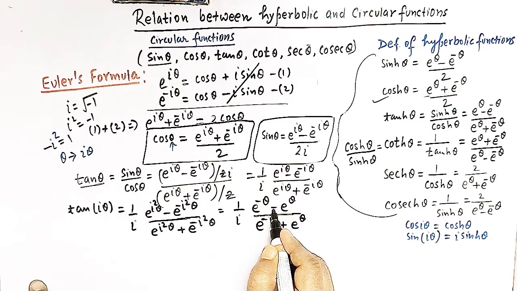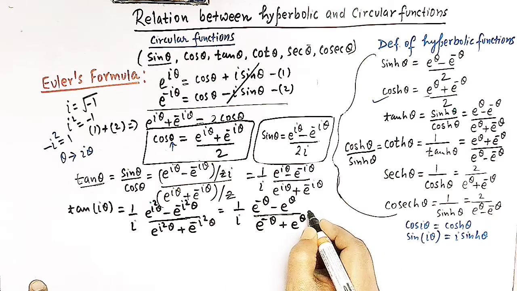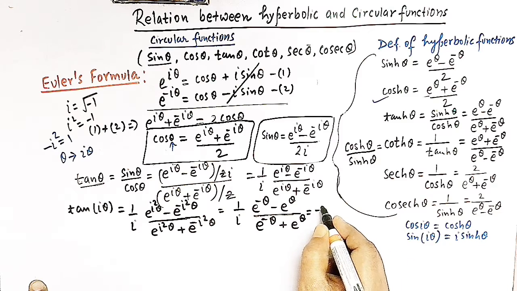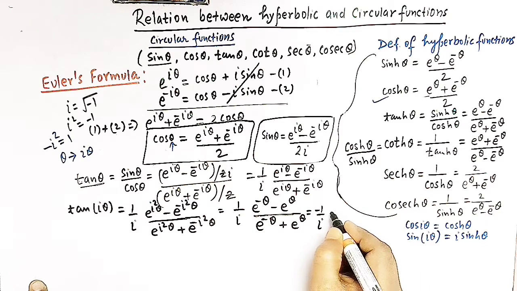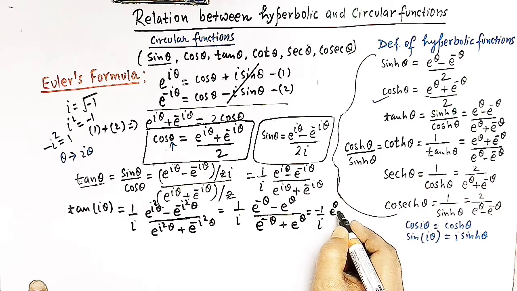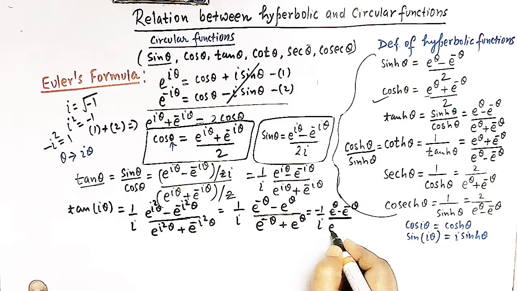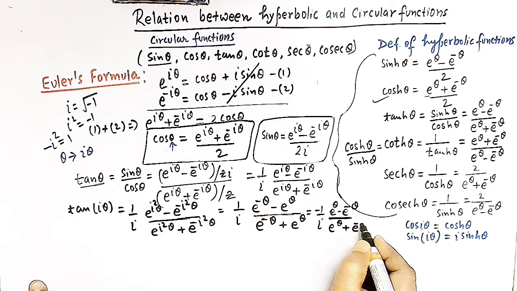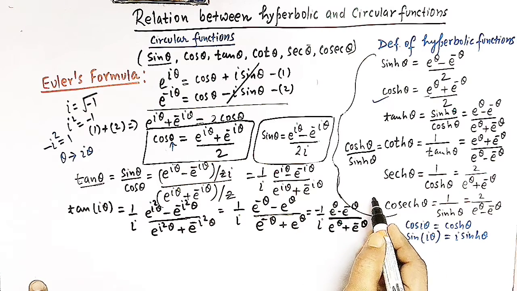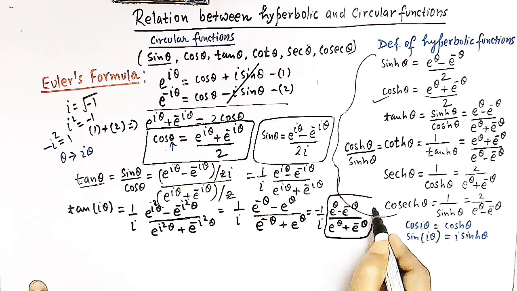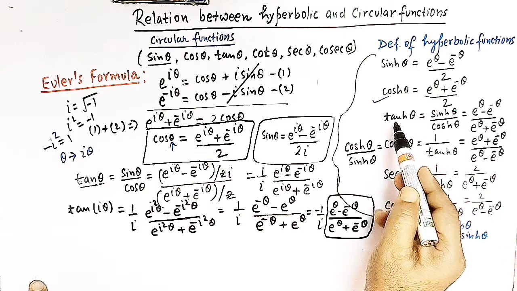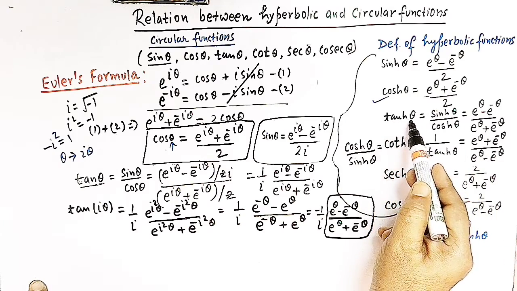So now taking negative 1 common in the numerator, we have now minus 1 over i and e raised to theta minus e raised to minus theta over e raised to theta plus e raised to minus theta. So now this expression is equal to the hyperbolic tangent of theta.